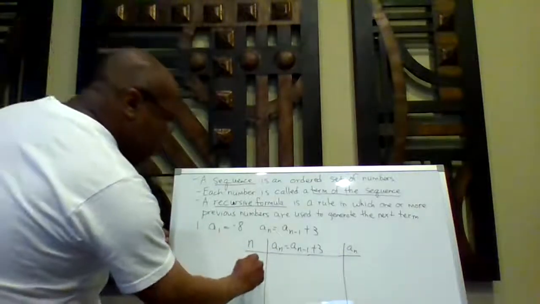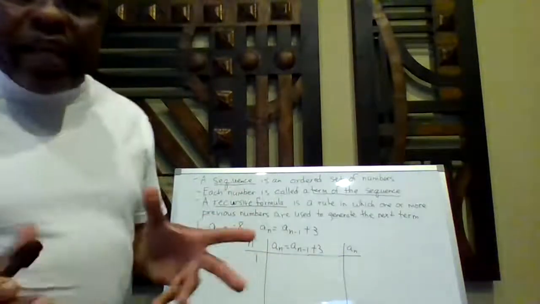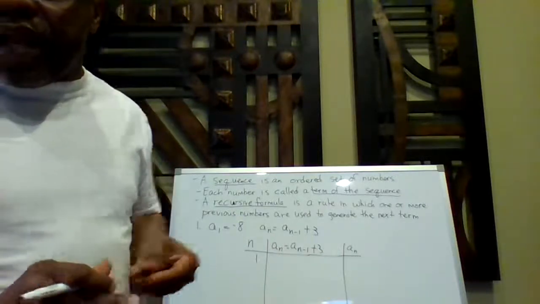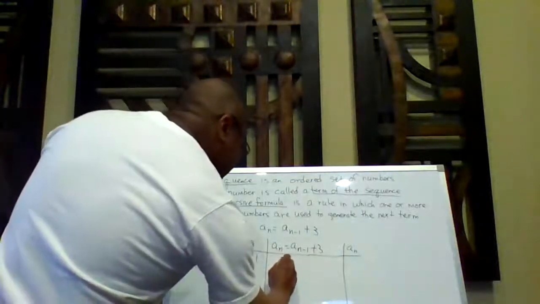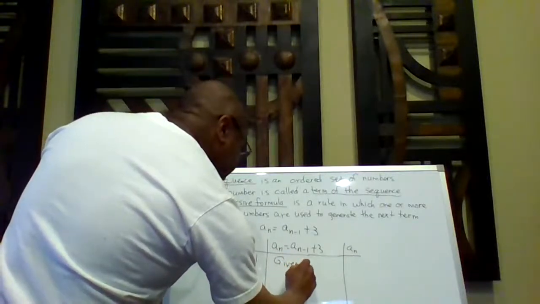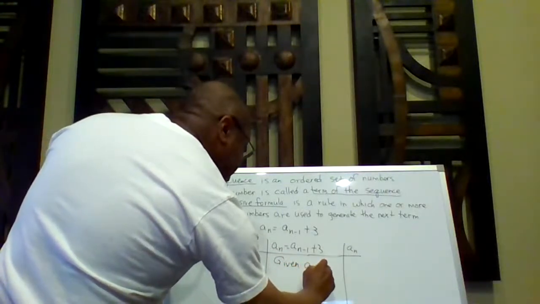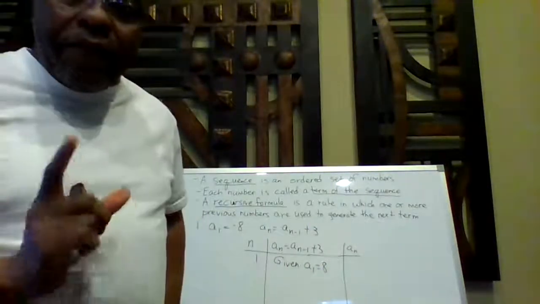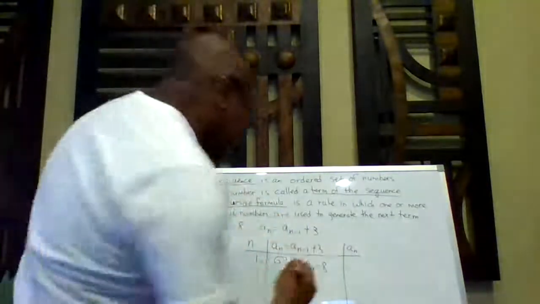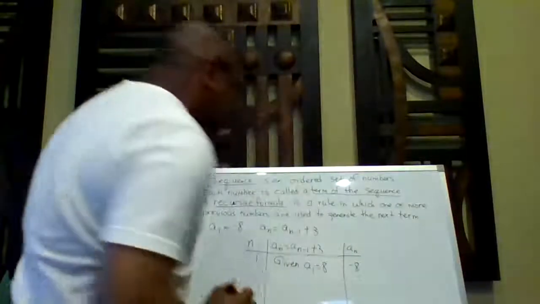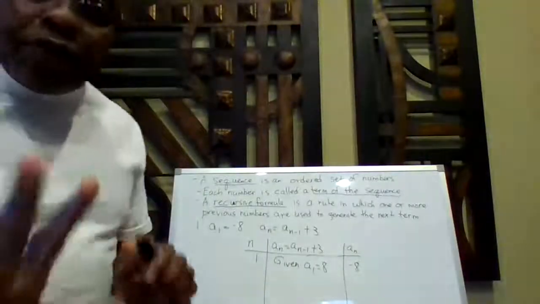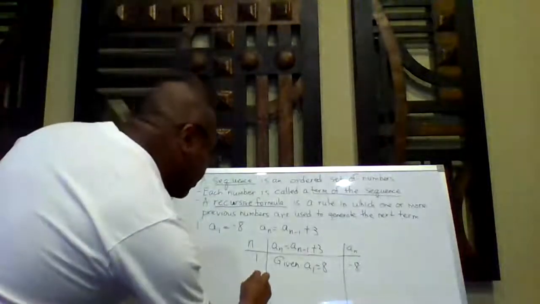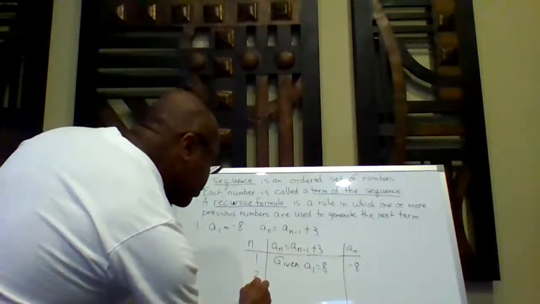Now, when n is 1, it's already given to us that a sub 1 is -8. So here I'm going to say given. So that first term under a sub n, I'm going to write -8. Now, they want the first 5 terms, right? So for the second term, I'm looking at a sub 2, where n is 2.